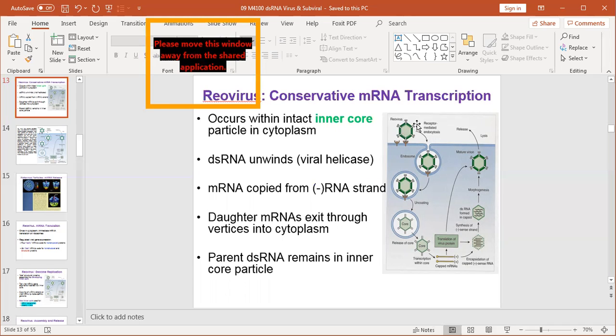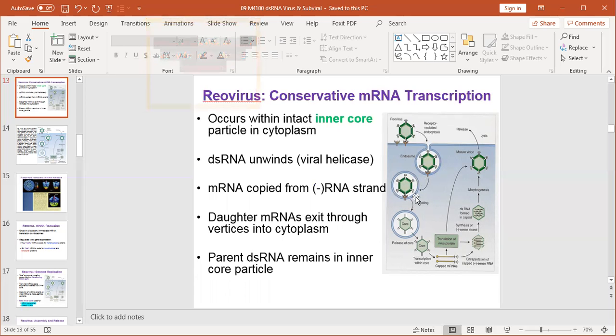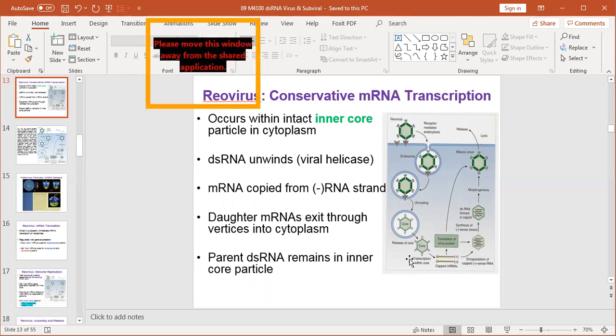We have reovirus attachment to specific host cell receptors, gets inside of the endosome through so-called receptor-mediated endocytosis, changes in the pH, influx of hydrogen ions, acidic pH results in uncoating, release of core enzymes in the host cell cytoplasm, and then some of them are capping enzymes. So messenger RNAs are being produced and they are being capped.